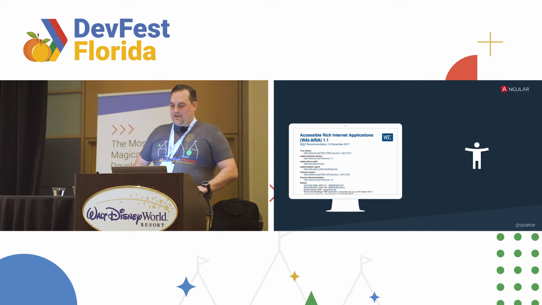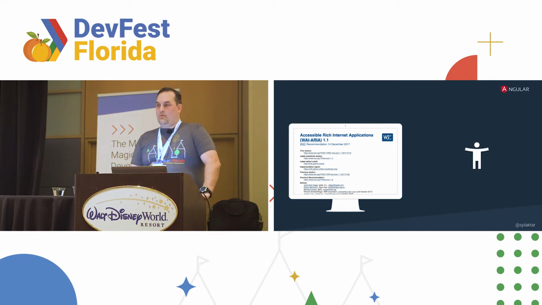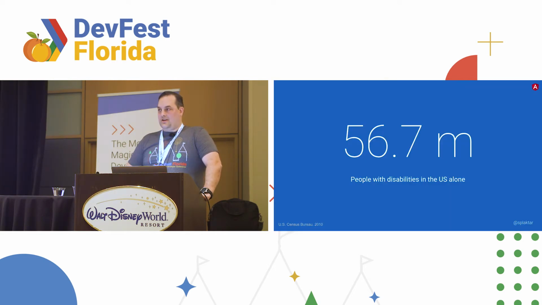So at this time, it's best to work with the WAI-ARIA 1.0 spec, which came out in 2014. But in some cases, you can implement parts of the 1.1 spec without breaking your 1.0 compatibility. So there's ways to start moving forward, but screen readers are still trying to catch up with the spec.